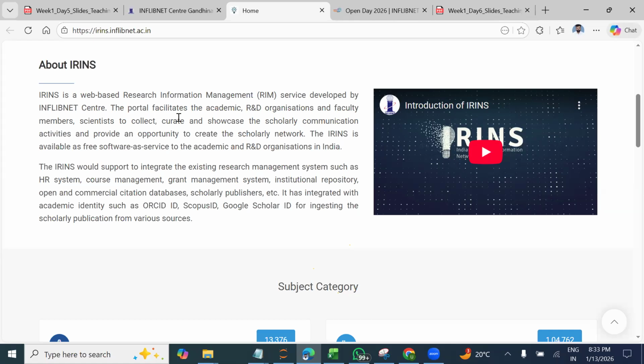The portal facilitates academic and R&D organizations, faculty members and scientists to collect, curate and showcase their scholarly communication activities, provides an opportunity to create a scholarly network, and IRINS is available as free software as a service.